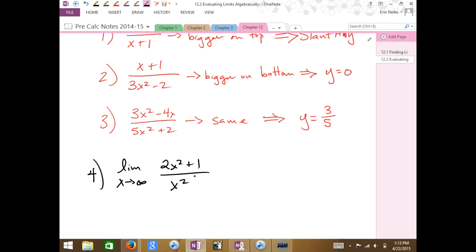So this is where we start thinking about horizontal asymptotes. Do I have a horizontal asymptote? Where is it? At y equals 2, and that's exactly what the limit is. That means as the function goes further and further to the right, it's going to level out at 2 and get infinitely close to 2. It's still a limit.